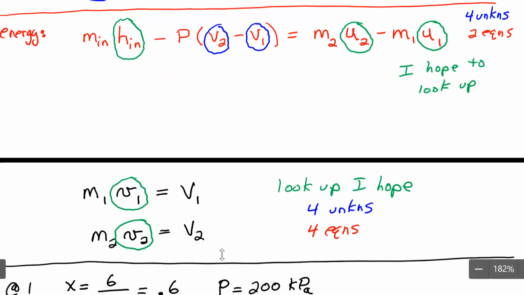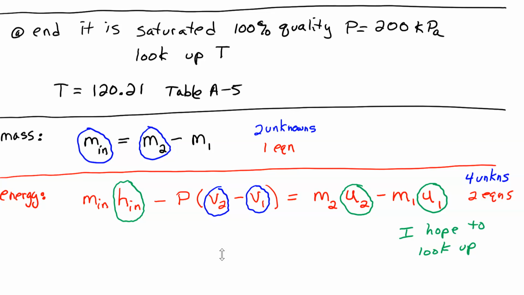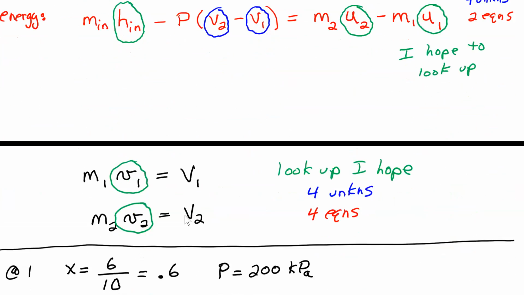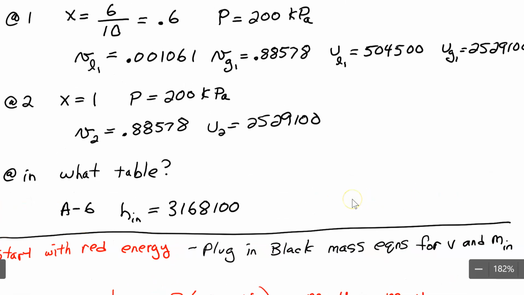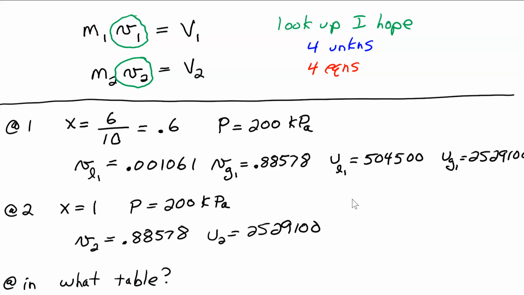Okay, again, what I'm looking for is something that's quick and easy to do. So I started with this red energy equation, so I'm just going to copy it down over here. And so here's my red energy equation. And what I did was I plugged in the mass equations, the black mass equations for V and M. So that's these guys right here.